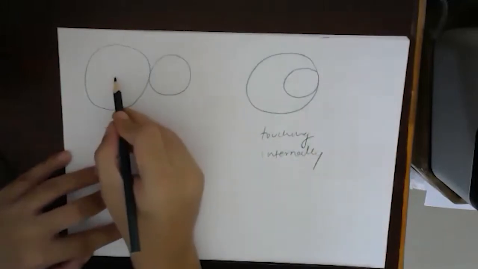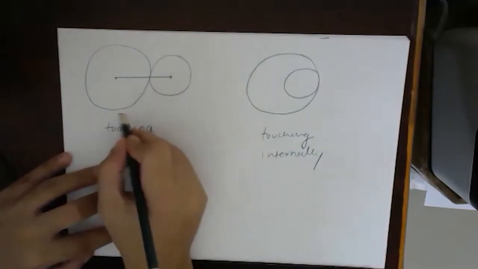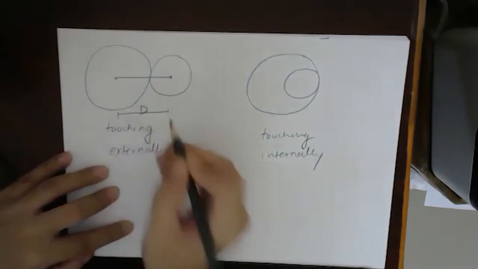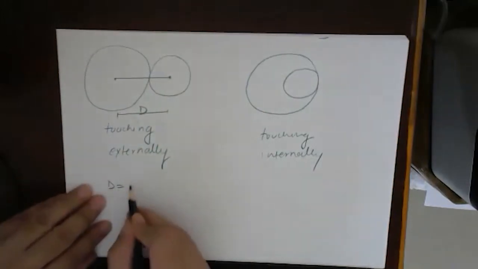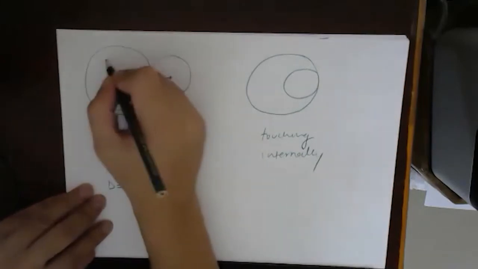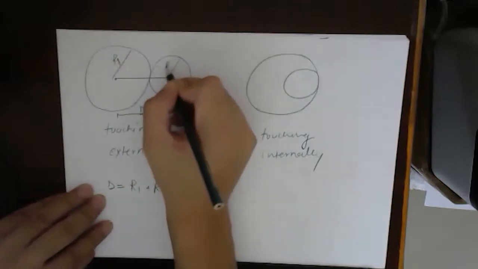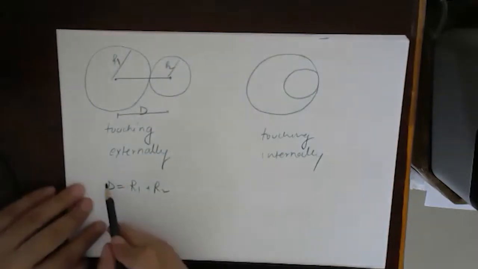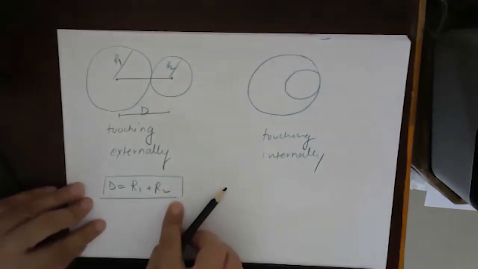Okay, if the two circles are touching externally, suppose this is the distance between the centers of the circles. This distance will be R1 plus R2, where R1 is the radius of the first circle and R2 is the radius of the second circle. If this condition is satisfied, the circles touch externally.